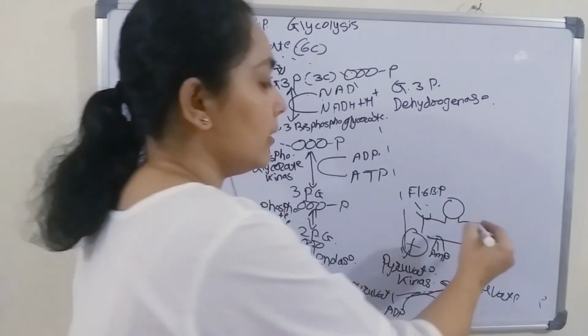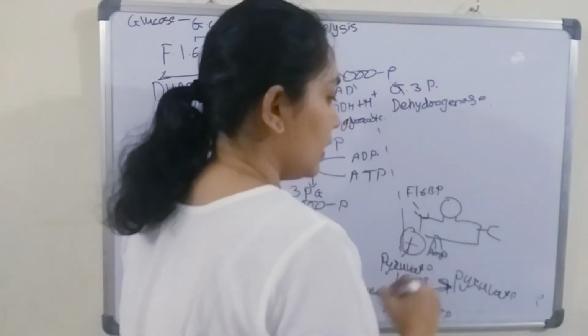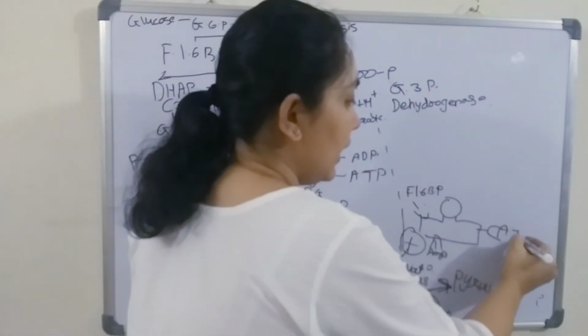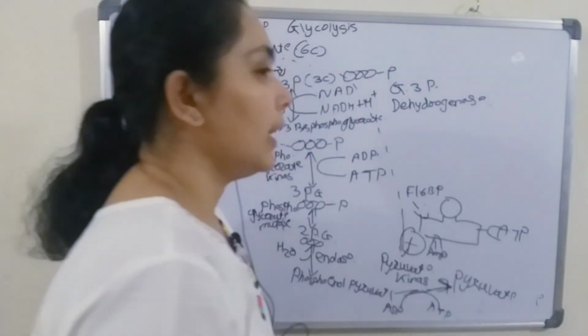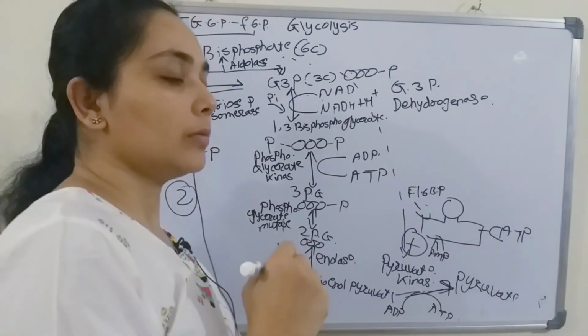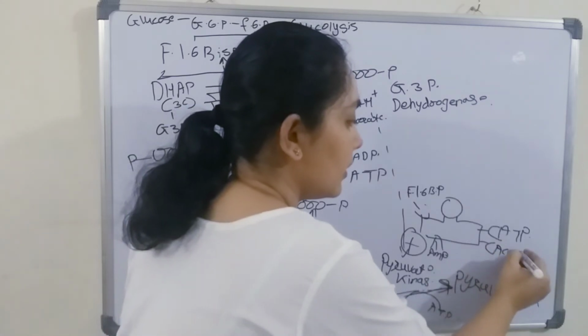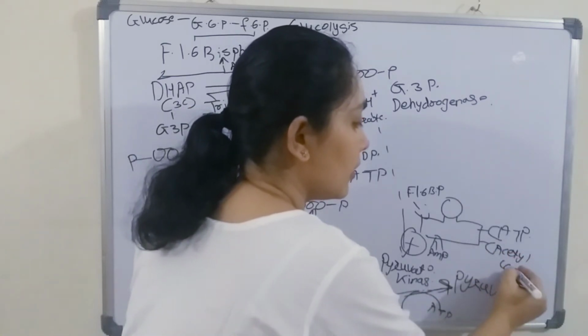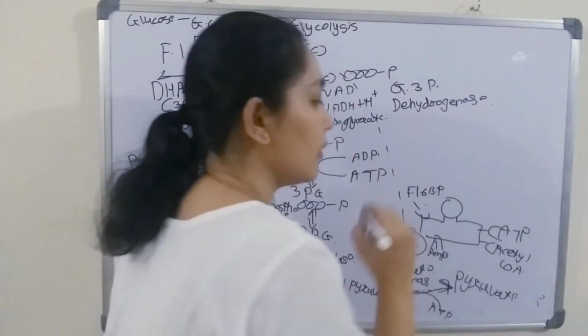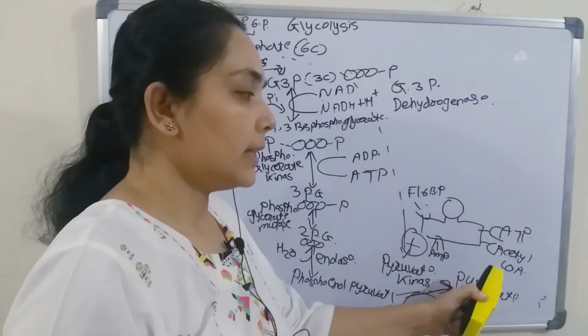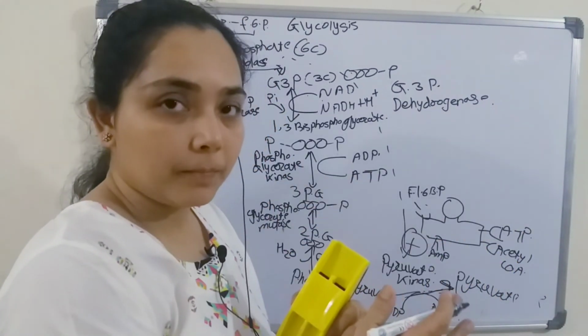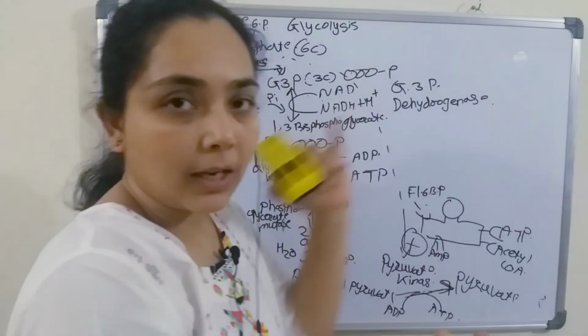Okay, and ATP and, yes, acetyl CoA. ATP and acetyl CoA come from the Krebs cycle, which is the next step after glycolysis.